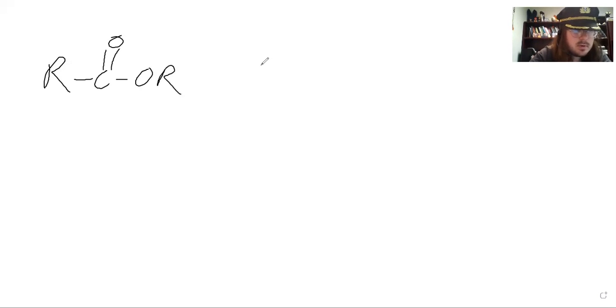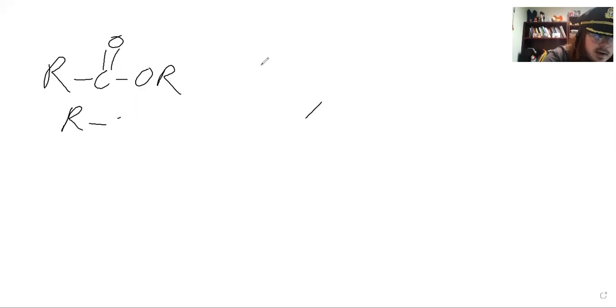So ester, remember an ester is when you combine essentially an ether with a carbonyl group. One of the most common things is called the Fischer esterification. It's a reaction similar to the condensation that we just saw.